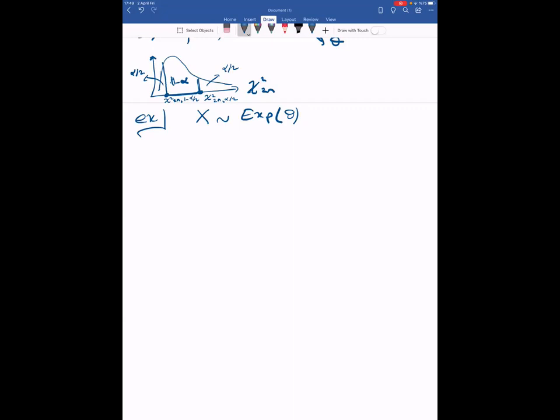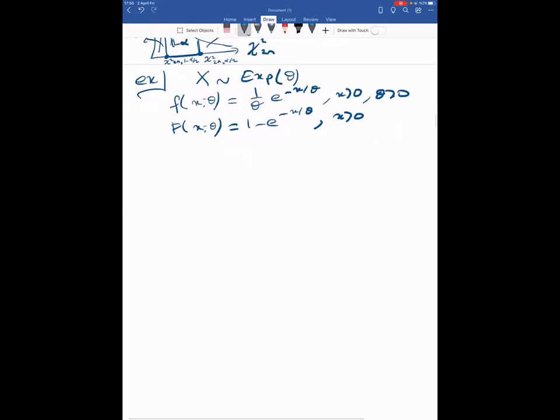So you need to choose the best one, and the best one will be the one that has the smallest length, actually. Okay, so we need a CDF here. Let me write the PDF first. So we use this form of the exponential PDF, and then the CDF we can easily calculate as this one.